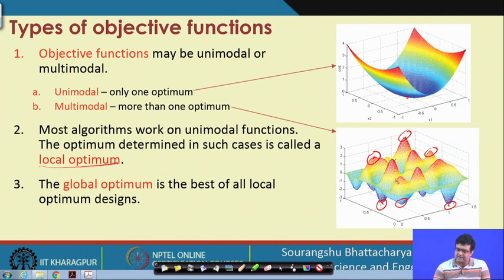So, something like, let us say, this point would still be called a local maxima, even though clearly this point has a higher value of the objective function than this point. The global optima is the best, the highest in case of a maximization problem and the lowest in case of a minimization problem. So, the global optima is the best of all local optima.